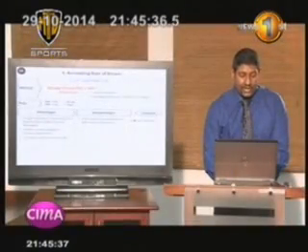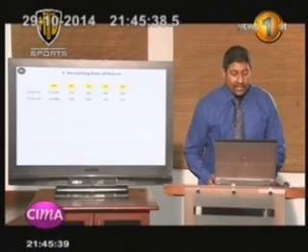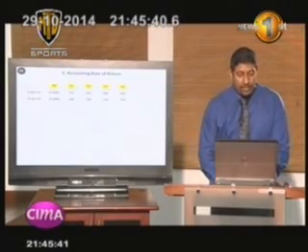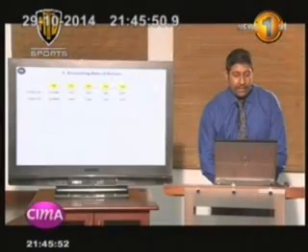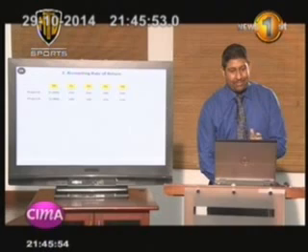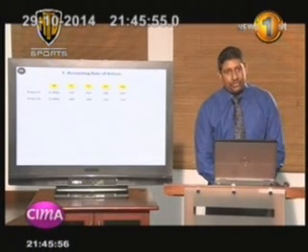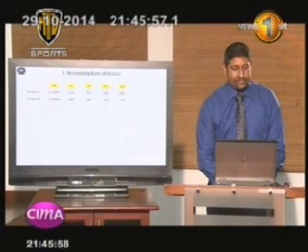Now let me look at this example. In this example, project A and project B both have the same investment. Although having the same investment, the cash flow pattern is different and the total cash flows are the same. Having the same cash flows, which project would you select, A or B?